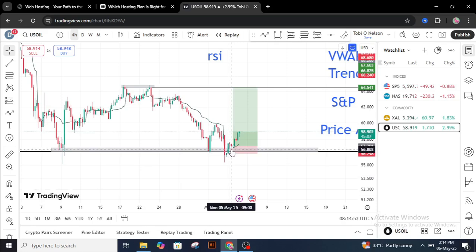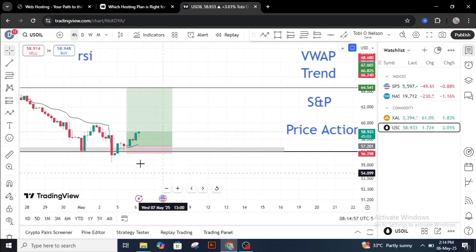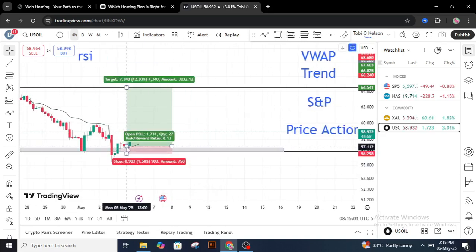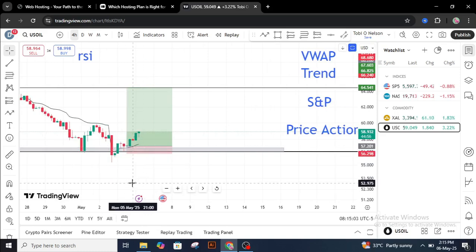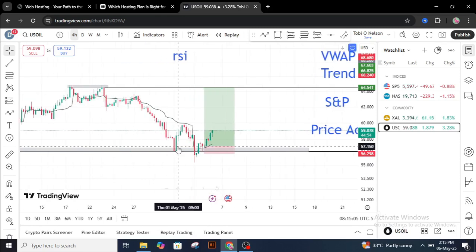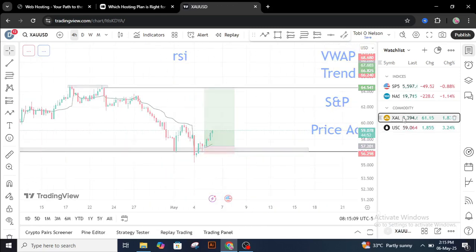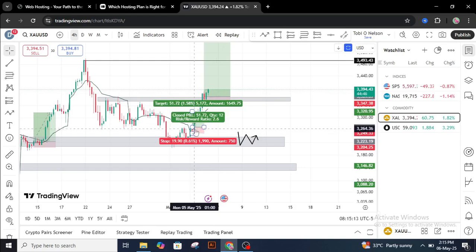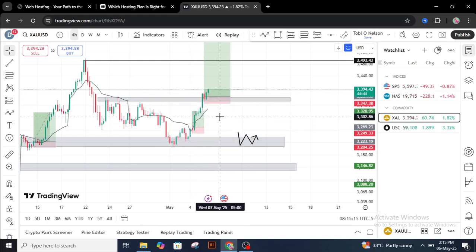So when this happened, and I saw that every candle that comes afterwards leaves weak on the VWAP, they come to the VWAP, leave weak, and flow back into the VWAP, that was why I took my buy position, and I've been holding the trade up to now. The same thing, if you look at my gold trade, you will see the price closed back into the VWAP. That was when I took the trade.